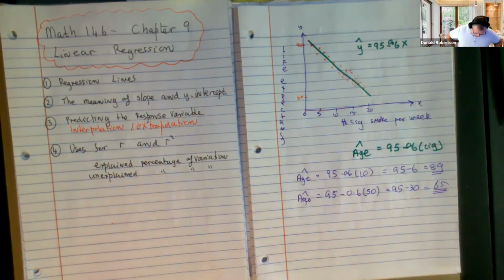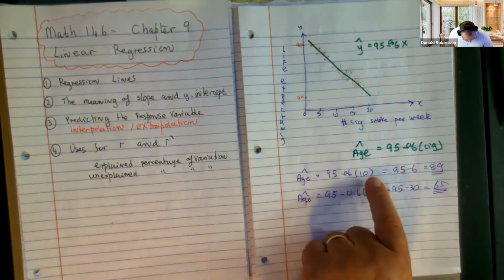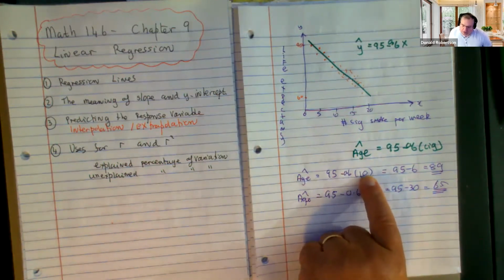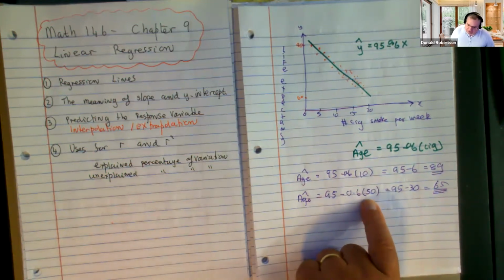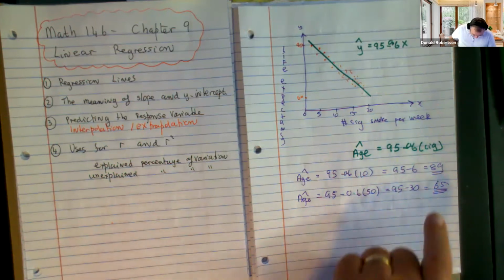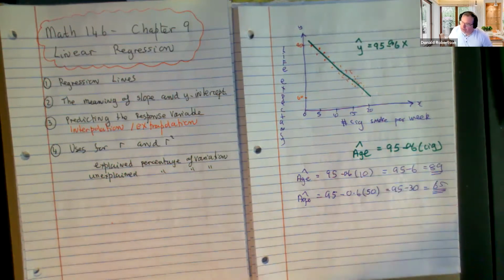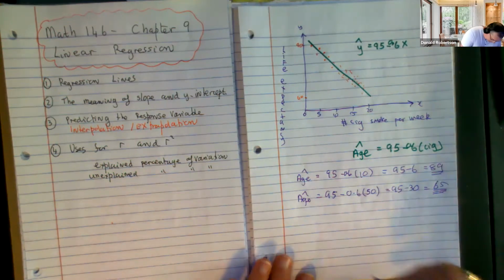Now I'm going to do something stupid. When you use this model to predict how long someone lives at 10 cigarettes a day, I should say, or 50 cigarettes a week, you get reasonable results.